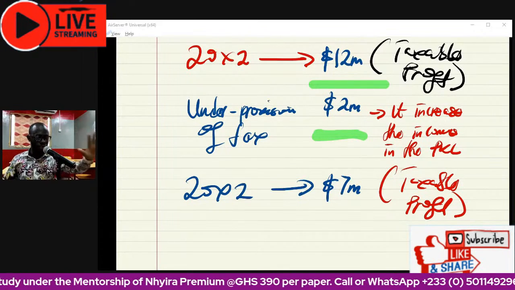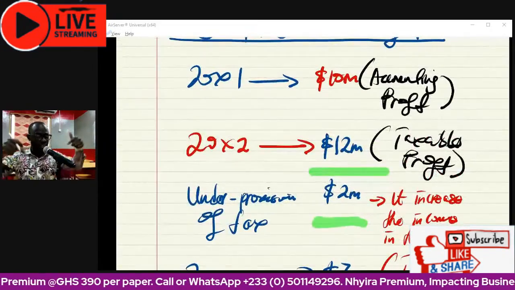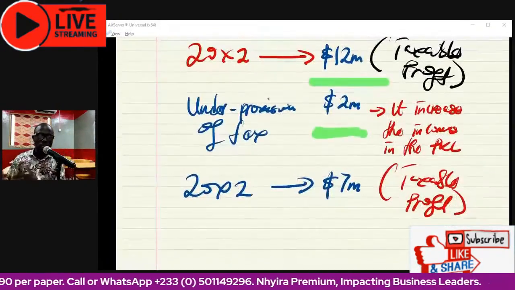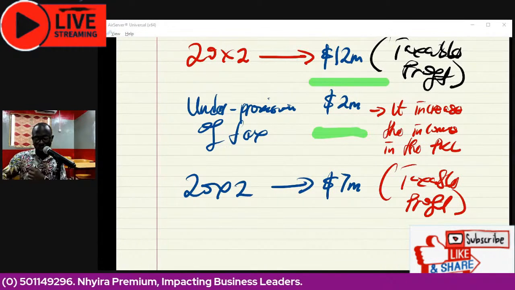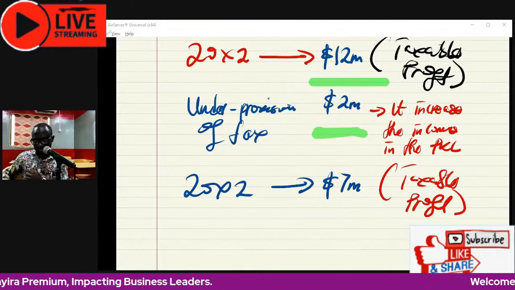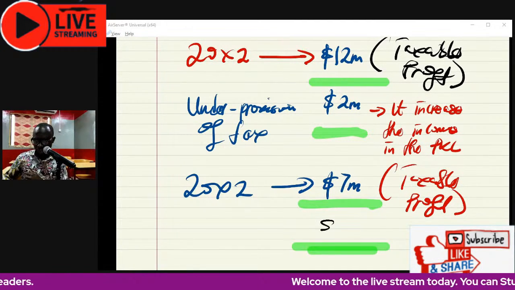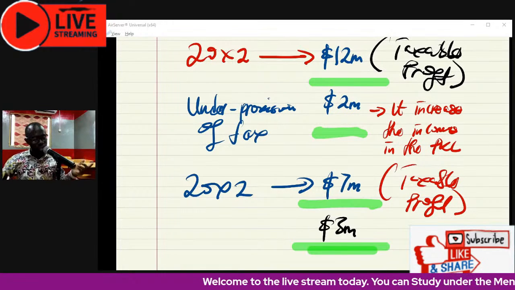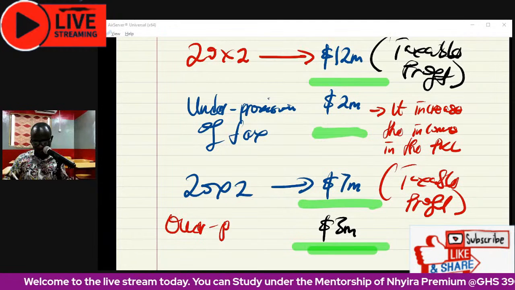Guess what? The entity had provided for how much? $10 million, but the tax authority says you are going to pay only $7 million. That means there is an excess of $3 million. This $3 million will be termed as over provision of tax.